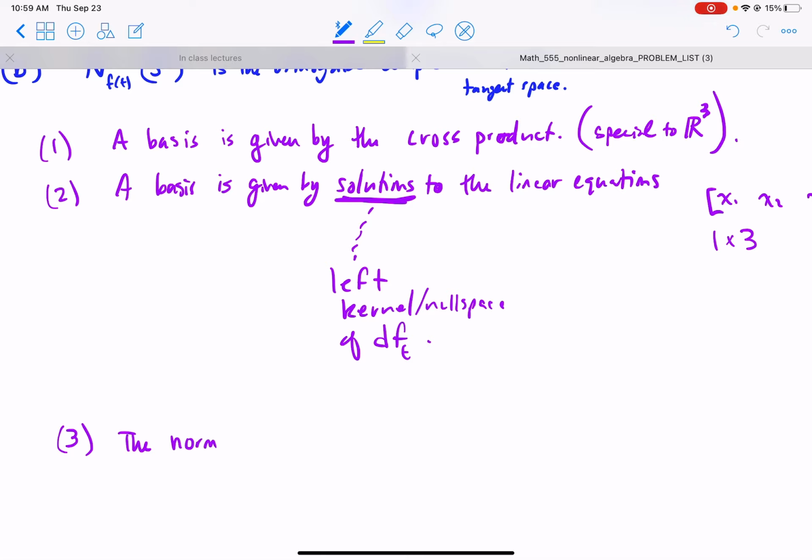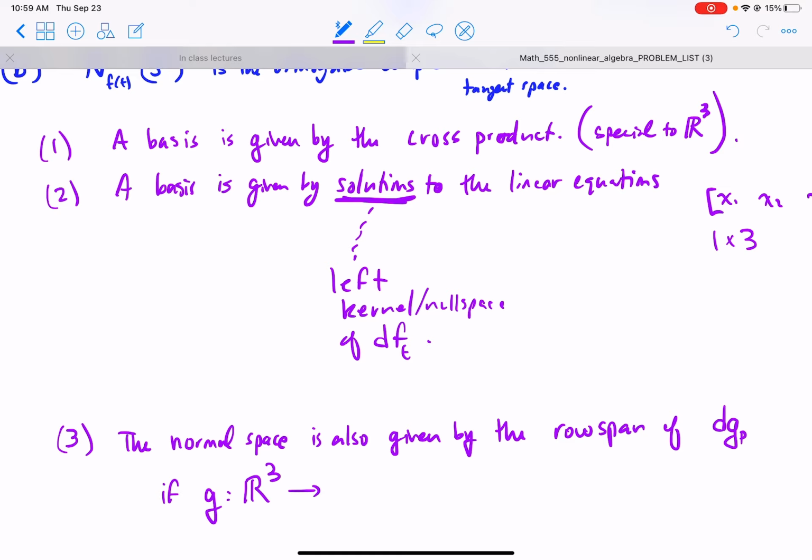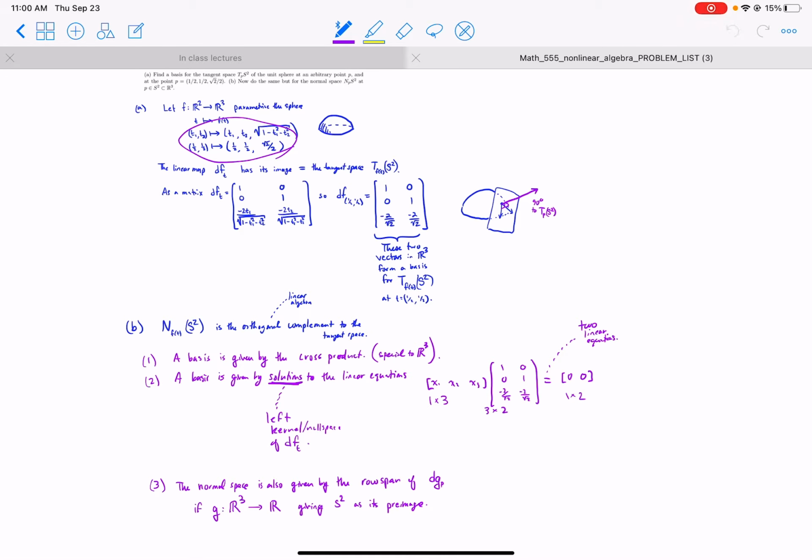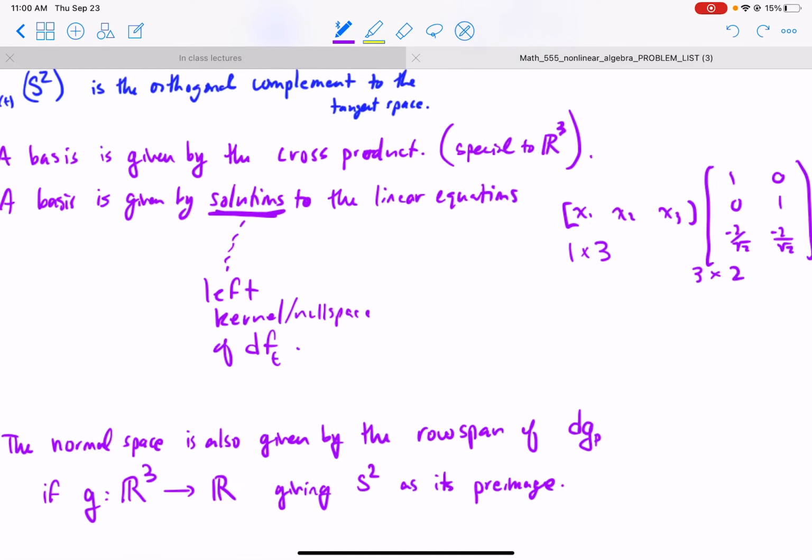The normal space is also given by the row span of dg at P, if g is a function giving S2 as its preimage. Over here, we wrote S2 as the image of a map, F. Over here, we're going to write S2 as the preimage of a map, G.